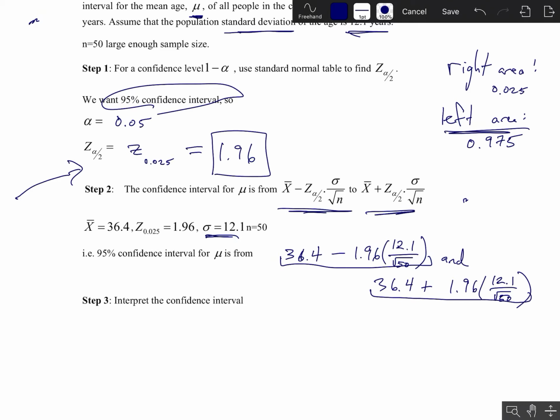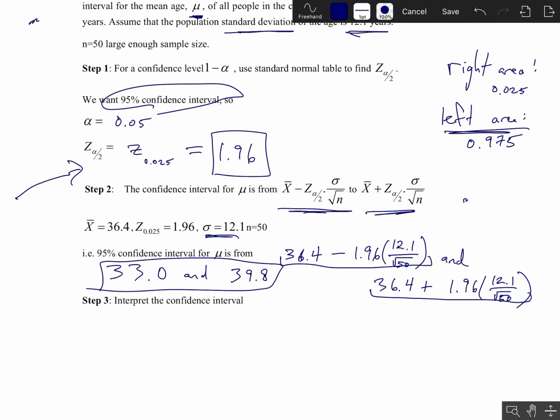And if you do that, what you'll get is that mu lives between 33.0 and 39.8 with a 95% probability. So notice that here the estimate that we're getting is not just a single point, this is an interval estimate. What it says is that we can be 95% sure that mu lives between 33 and 39.8.